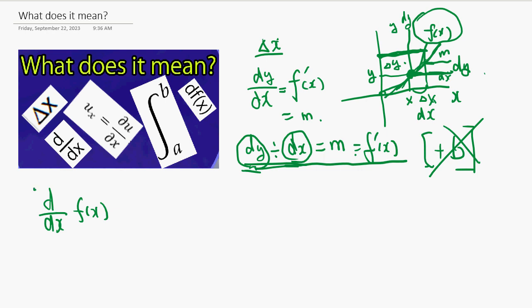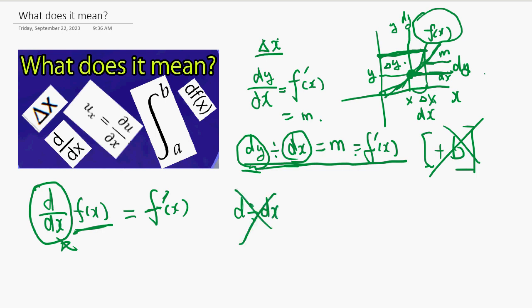And sometimes you see this kind of notation. And what is this? This means the same as this. It means the derivative function of f(x). In English it's said derivative function of f(x), which we write with prime, right? So don't get confused. This is not d divided by dx.